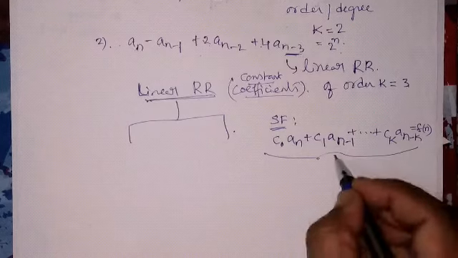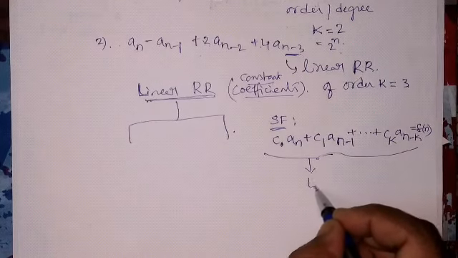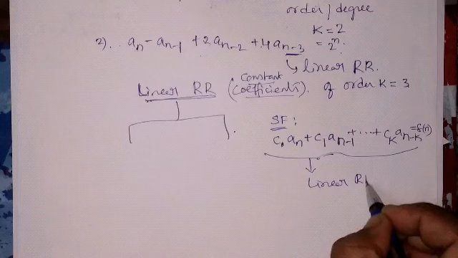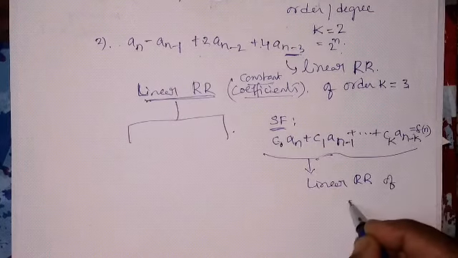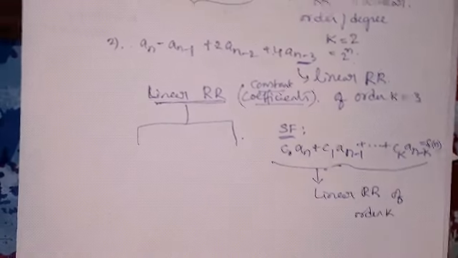This form of the recurrence relation is called a linear recurrence relation with constant coefficients of order k.